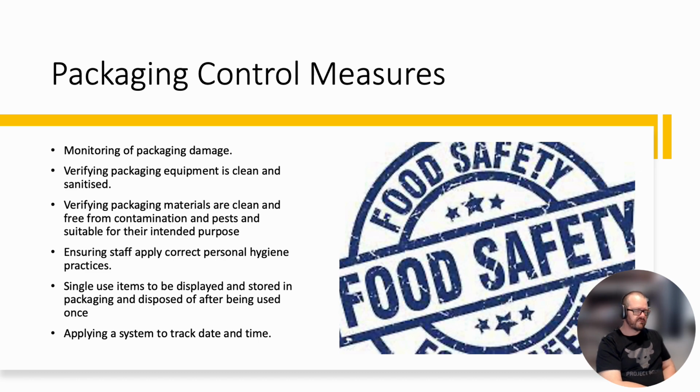And you can only effectively do this with a good food safety program. We need to ensure that single-use items are being disposed of after being used once. And then we should have some sort of system of tracking date and time. Should be our temperature logs.